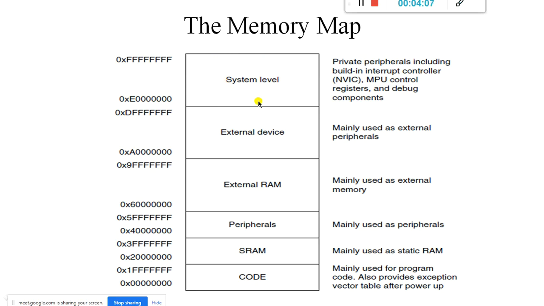Whatever program we write, that is the user level program, is going to be stored in your RAM area, and that program is fetched from the RAM and executed. That is where the code area is given. Now, if the system wants to take control for any interrupt operations or exception handling, there will be a predefined program in the M3 processor, and that area we call the system level. That is where it is called private peripherals, including the built-in interrupt controller. We will talk about what NVIC is in detail in forthcoming classes.